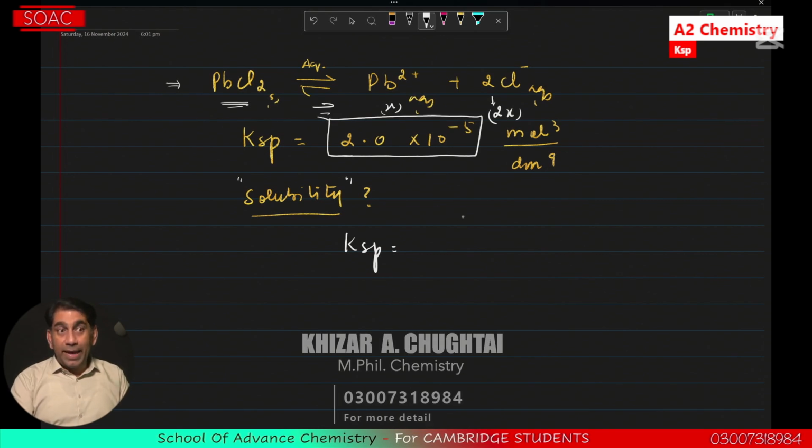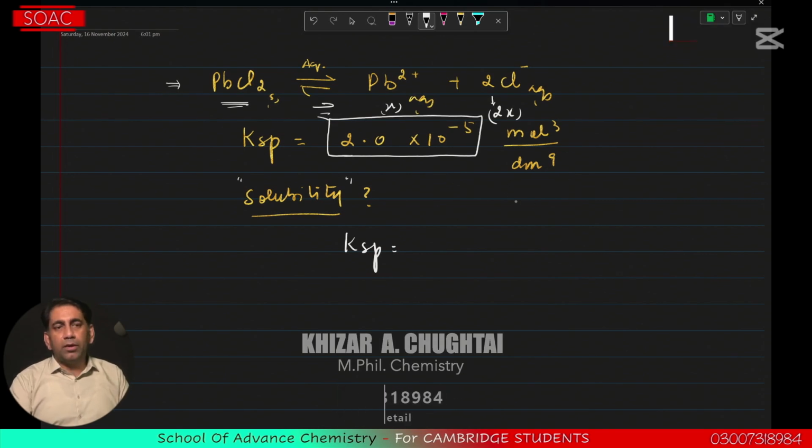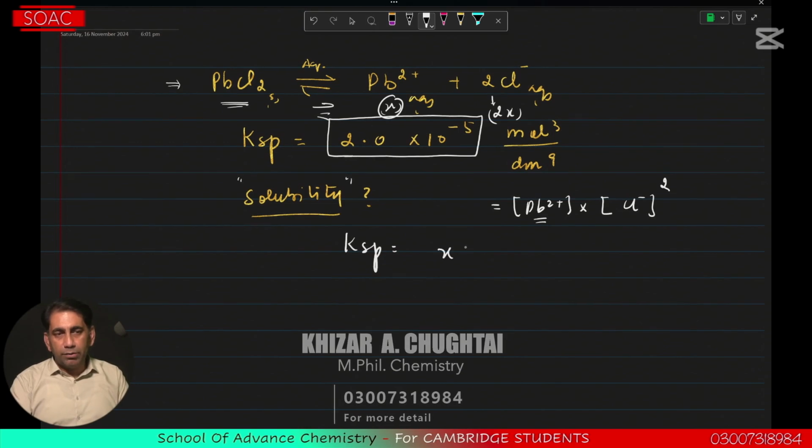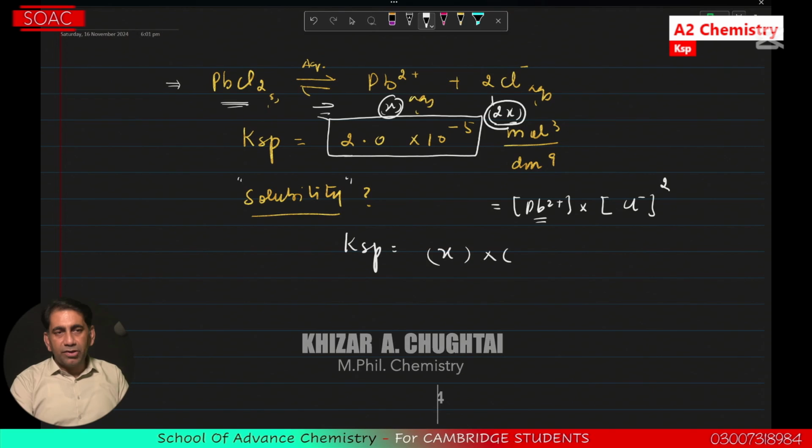In the expression, you know that Pb2+ ion concentration multiplied by Cl- ion concentration raised to power 2. So the concentration of Pb2+ ion in terms of X is simply X multiplied by the Cl- ion concentration 2X raised to power 2.